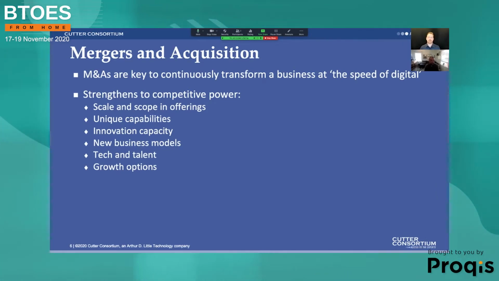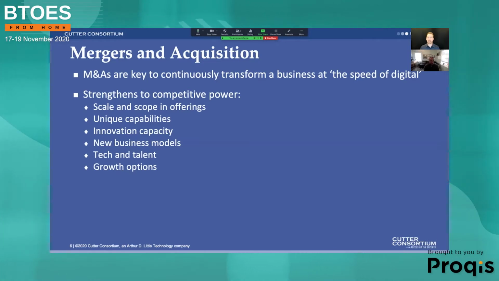When the world is moving faster, when competition is moving faster, then instead of focusing on internal growth and internal innovation, increasingly companies need to rely on mergers and acquisitions. And you do so to strengthen your competitive power in a range of ways.